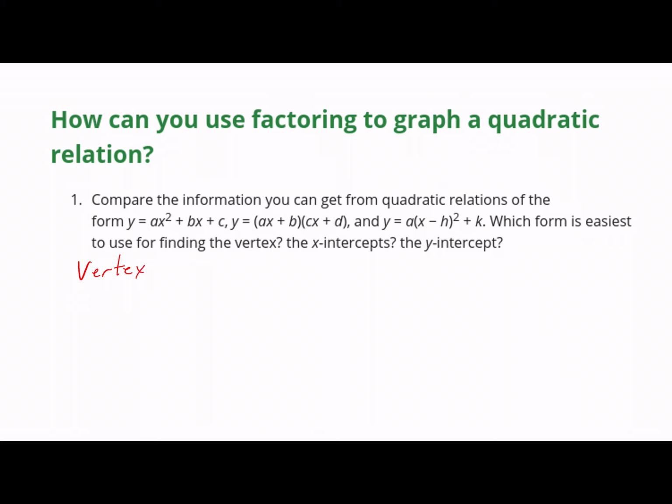So this textbook doesn't name them, but we call this one the vertex form because we know that h and k are our vertex.